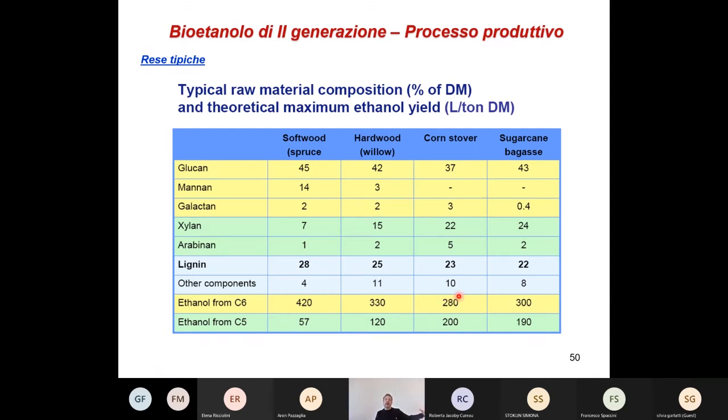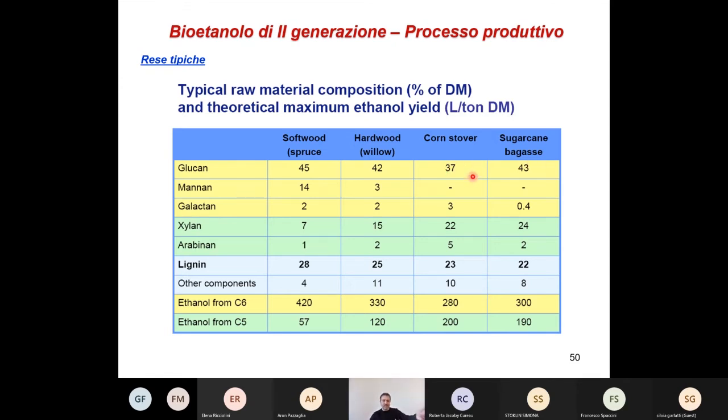Of course, they have a lot of hemicellulose, and so the efficiency is good only if you are able to produce ethanol also from hemicellulose. Otherwise, the efficiencies are lower, because the cellulose content is lower. So just to give a sense to this table.